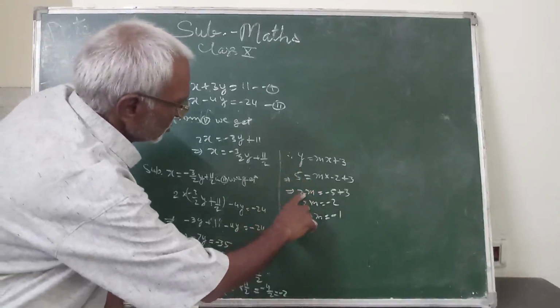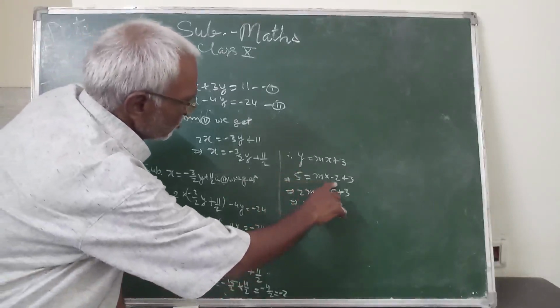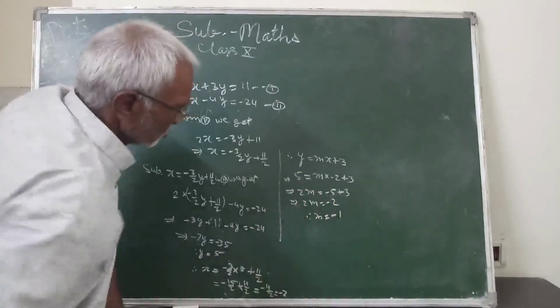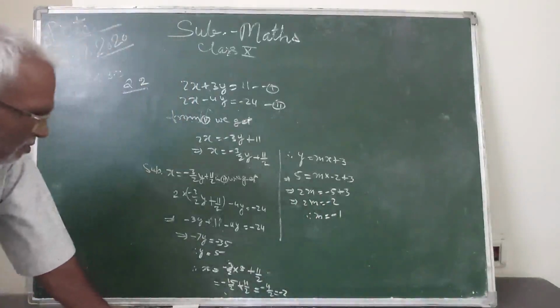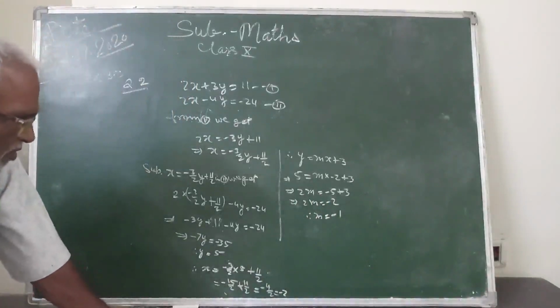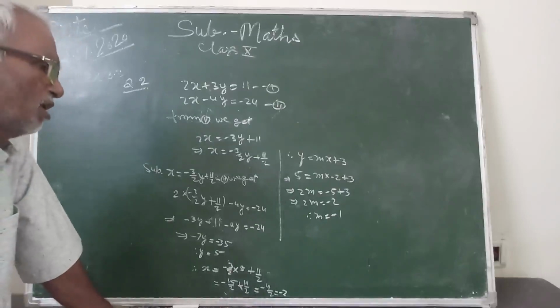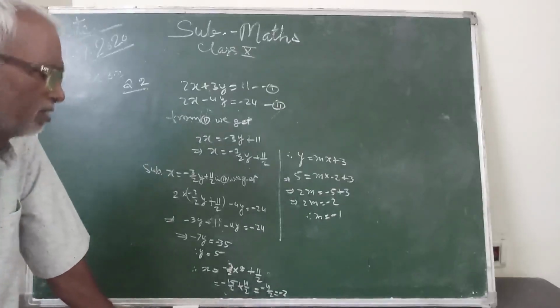So we get 5 is equal to m into minus 2 plus 3, or 2m is equal to minus 2, or m is equal to minus 1. Therefore, after solving, x is equal to minus 2 and y is equal to 5, and the value of m comes minus 1.